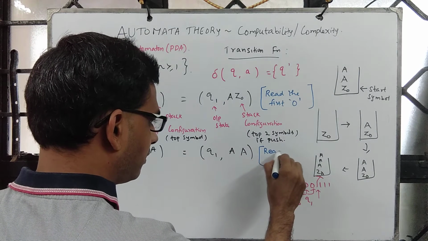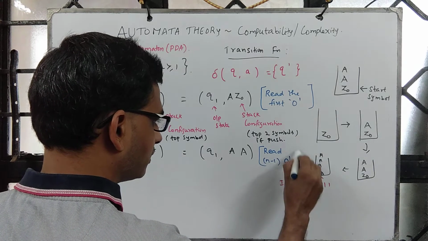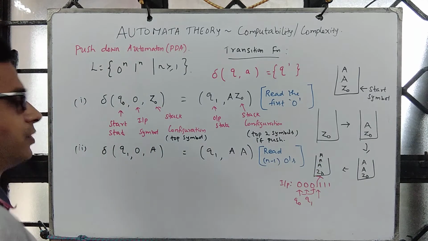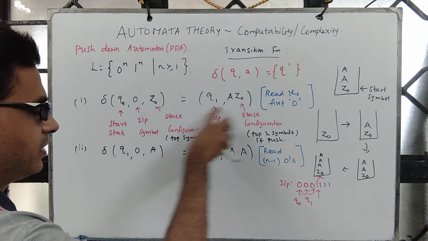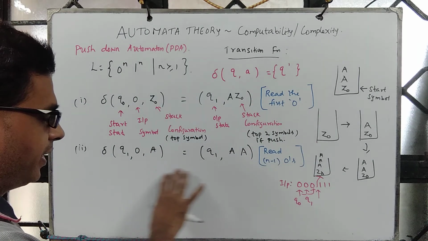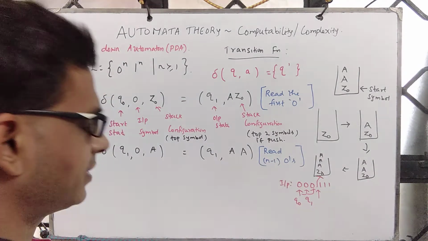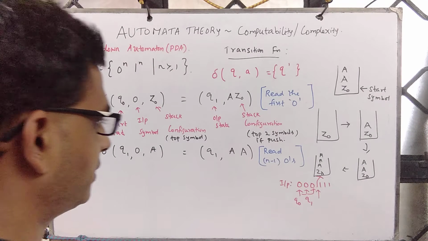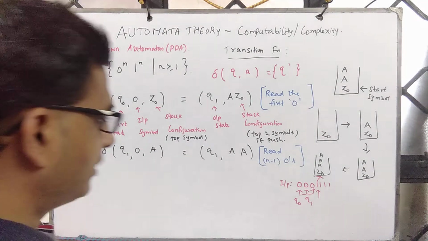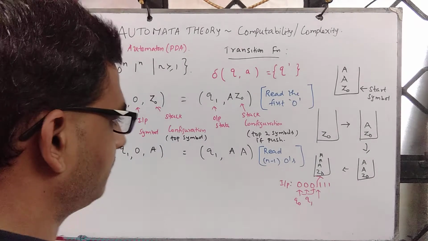So we read the remaining zeros, which is n minus 1 zeros. We use this instantaneous description to read the first 0, then we read the next n minus 1 zeros. At this point, the stack configuration will be this.